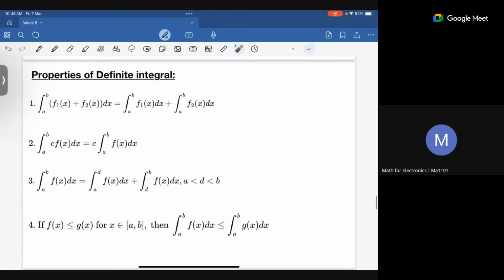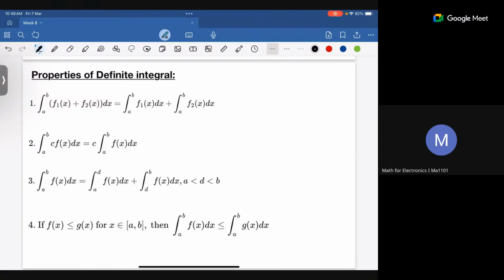And there are properties of definite integrals, right? So if you have two functions f1 of x and f2 of x and the summation of it, and you are computing the integral from a to b, the integral of the sum of two functions can be written as the integrals computed individually and summed up. Okay, so this is the first property.